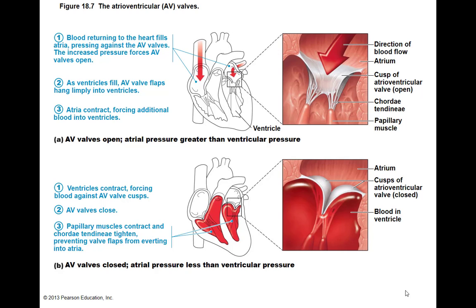Now, when the ventricle walls start to contract, they generate enough pressure to close the doors. They close the valves so that blood doesn't go back up into the atria. So the atria contract first, at the exact same time. They open those valves, put blood in the ventricles. When the ventricles start to contract, they close those atrioventricular valves, so it can't go backwards.